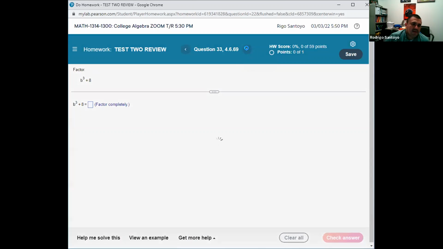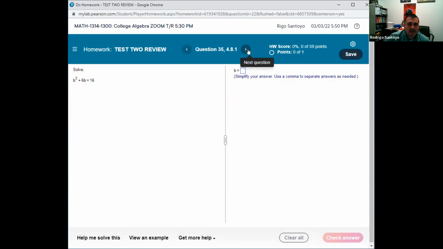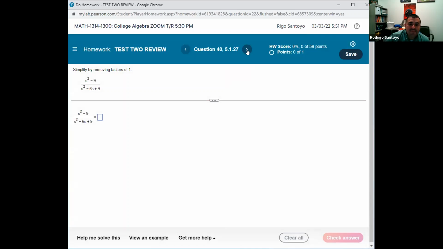Like all of these, I don't think so, and maybe that one, because that's knowing the difference of cubes. But a lot of these are on there for you to practice, because in order for you to be able to do anything in chapter 5, now that is a test problem, because that covers 2 previous problems.